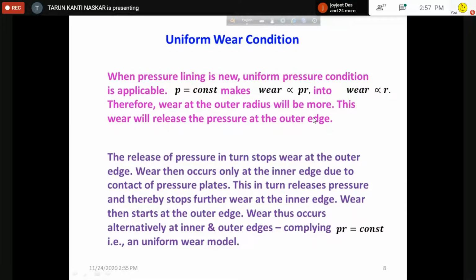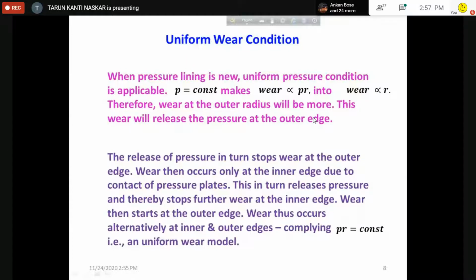This in turn releases pressure in the inner region and thereby stops further wear at the inner edge. So wear then starts at the outer edge. So wear thus occurs alternately at inner and outer edges, complying with PR equal to constant.